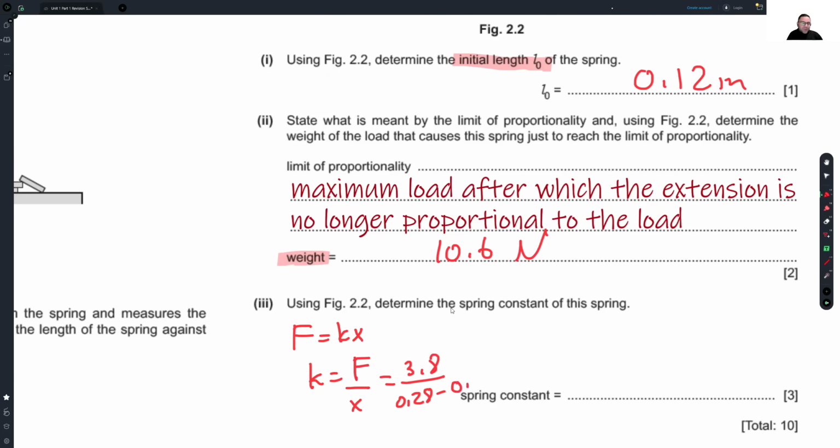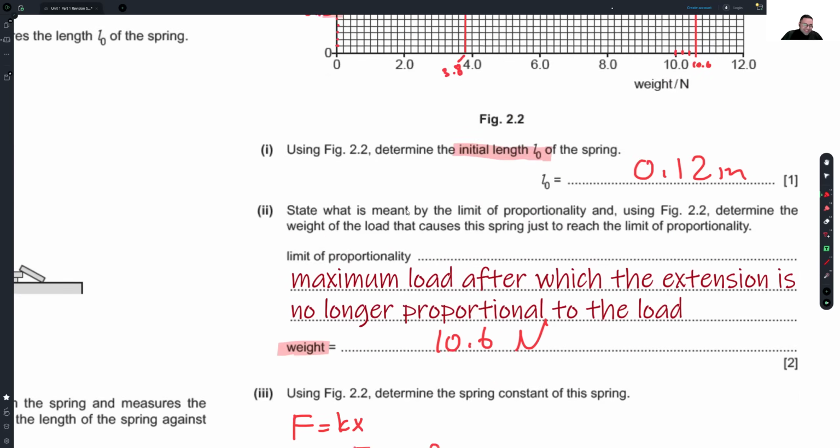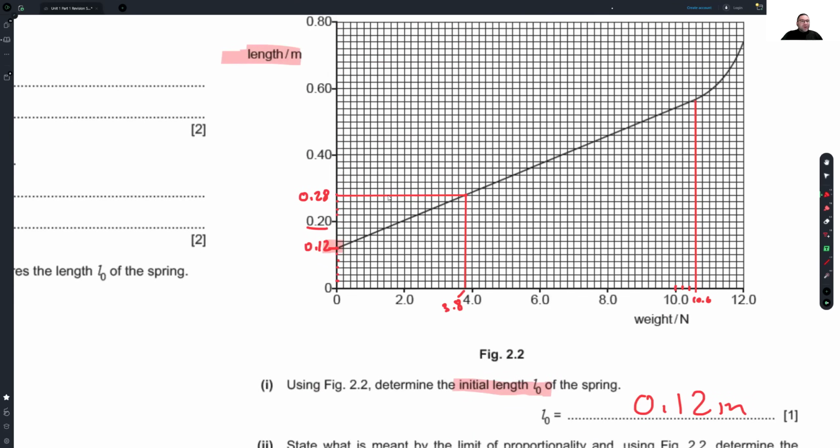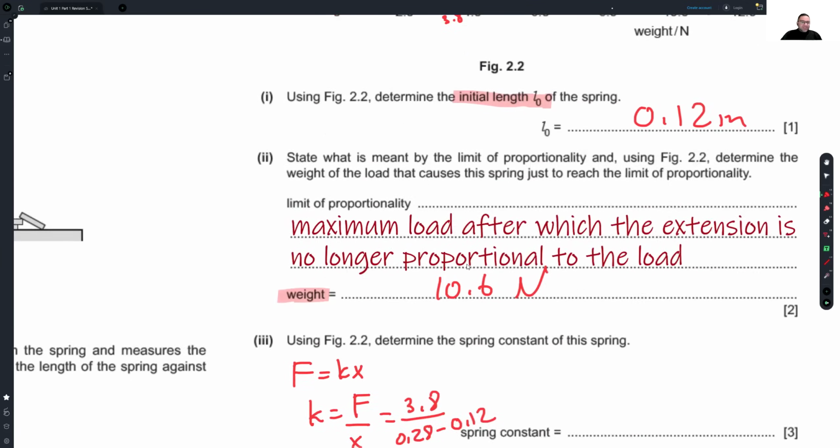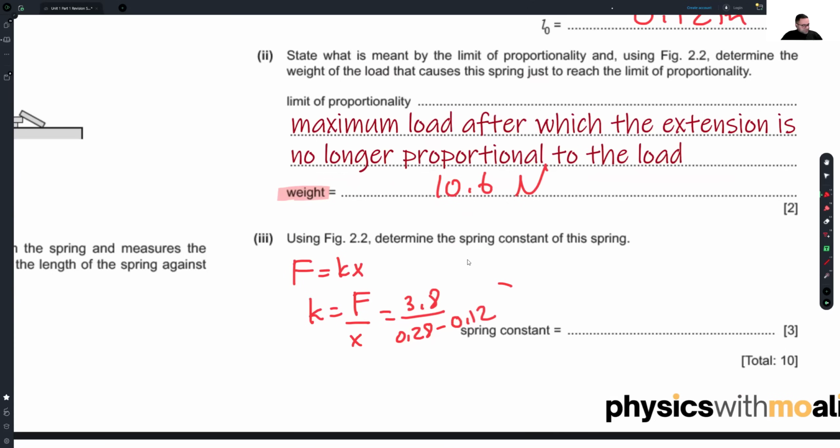It's 0.28 minus 0.12, because the y-axis here is the length, not the extension. So 0.28 isn't the extension at 3.8 newtons. It's the length. So you have to subtract the original length from the value to get the extension. Then divide.